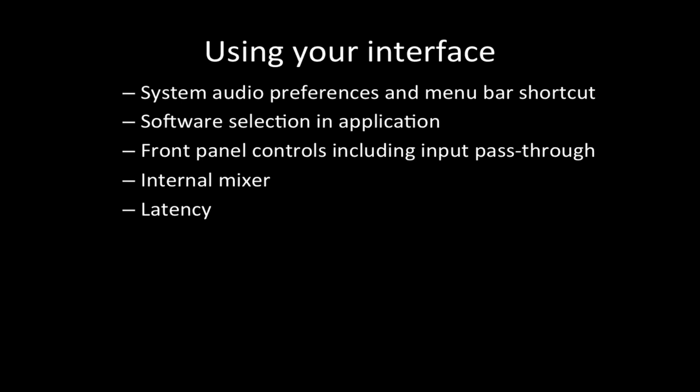When using your interface, you need to consider the use of the system audio preferences, the device selection in your music application, the use of the front panel controls, the possible use of an internal mixer, and signal processing latency.